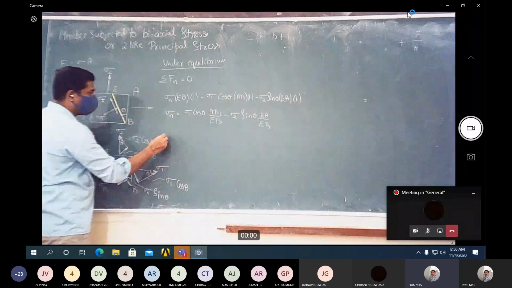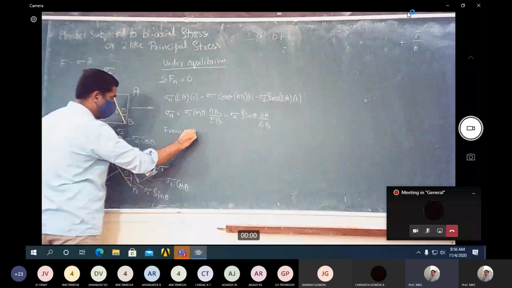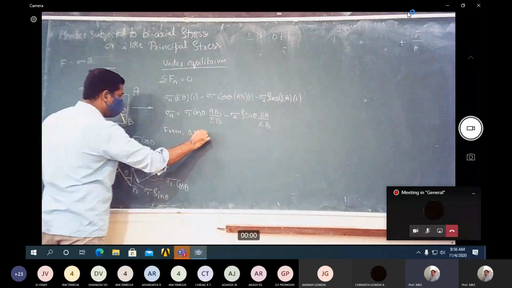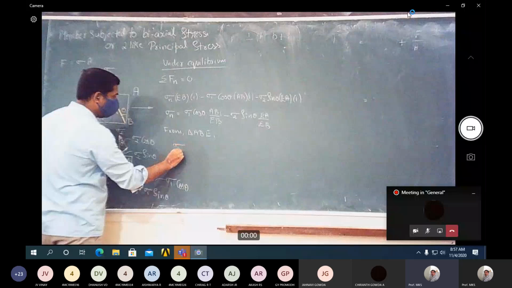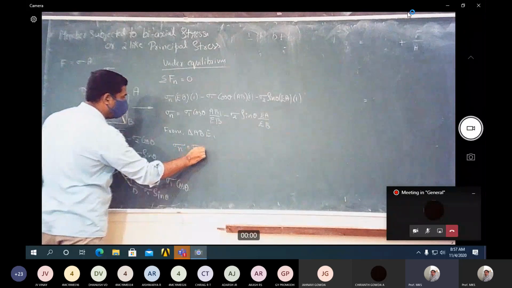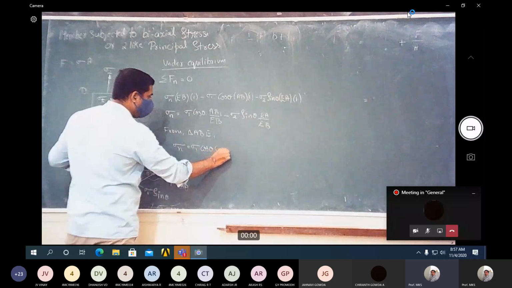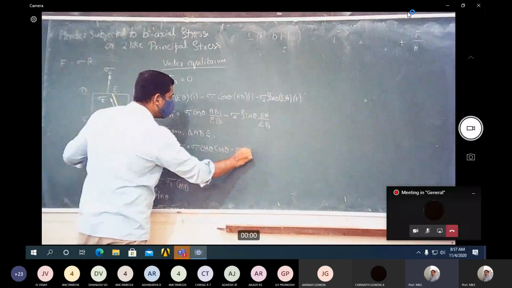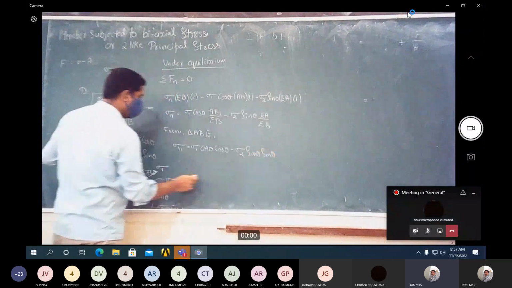From triangle ABE, we can write sigma n is equal to sigma 1 cos theta into cos theta, minus sigma 2 sin theta into sin theta, right?